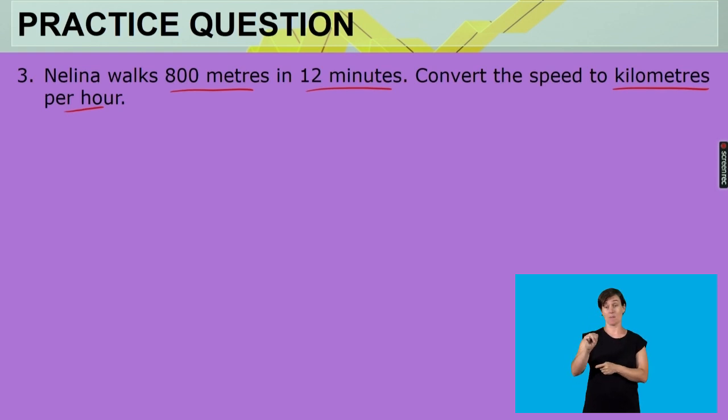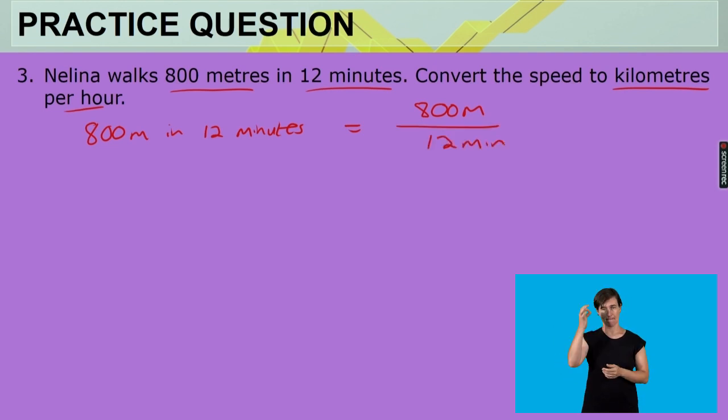So if you look at this, 800 meters in 12 minutes, I can also write as 800 meters divided by 12 minutes. But now remember, our answer should be written in kilometers per hour.